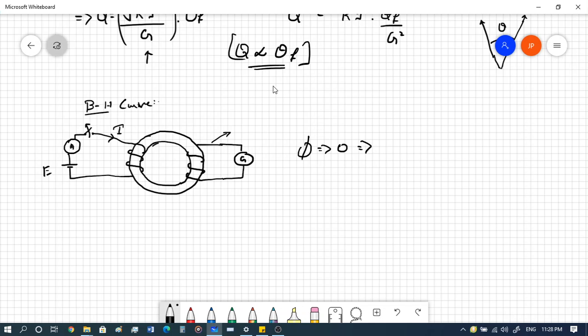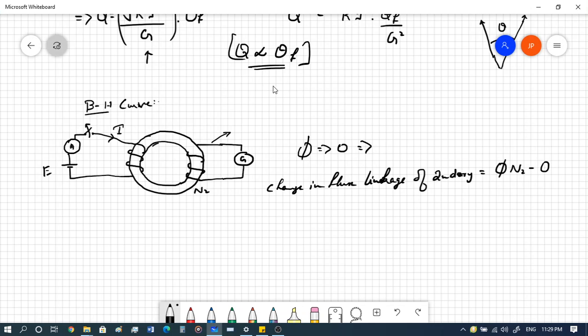So let's say the change in flux linkage of the secondary coil can be written as phi n2 minus 0.